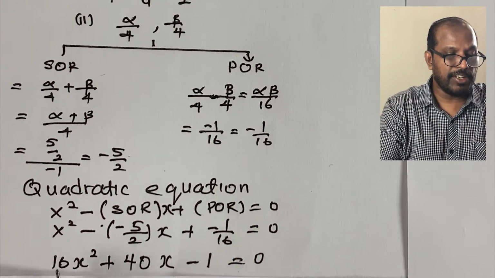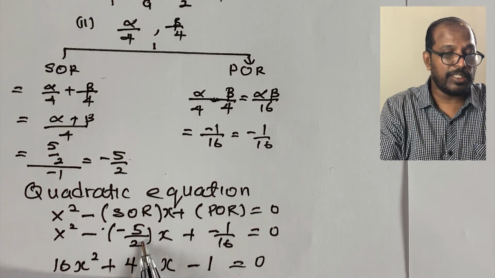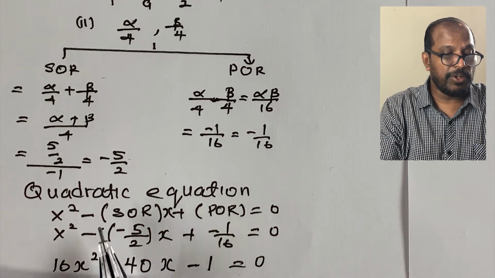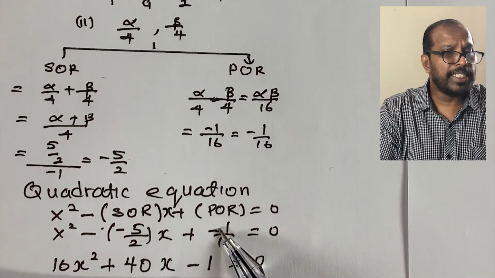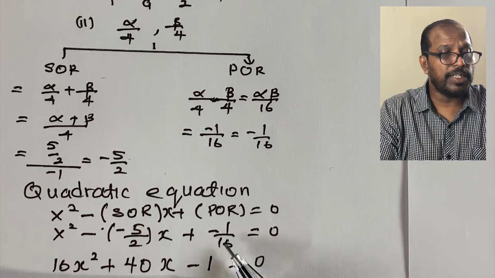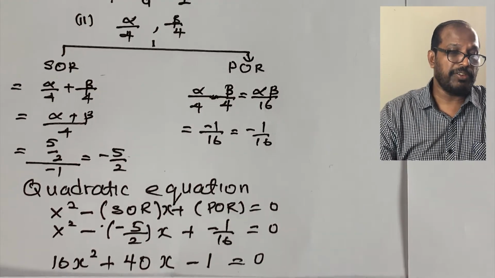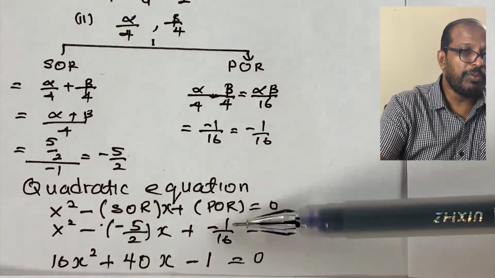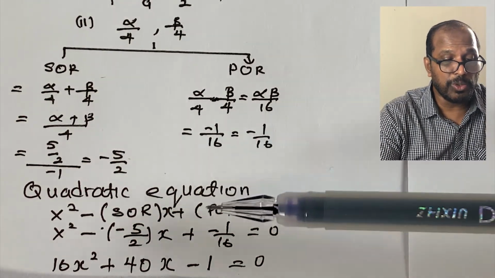So if you multiply by 16, you get 16x squared, then the middle term is 8 times 5, which is 40x. And the last term, negative 1 over 16 times 16, you get negative 1. So this will be the quadratic equation. Now I have done two examples. One is for how to write the equation, and the second is how to do the partial question.